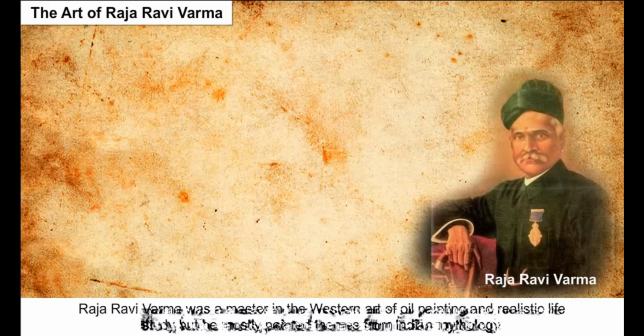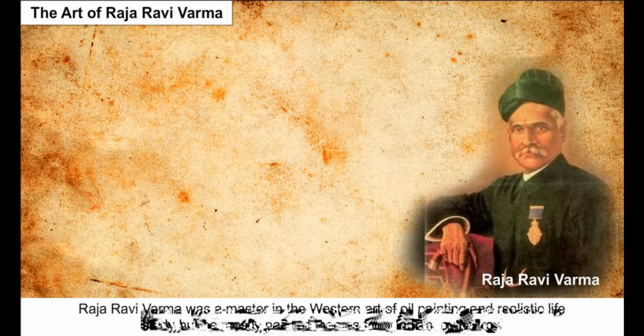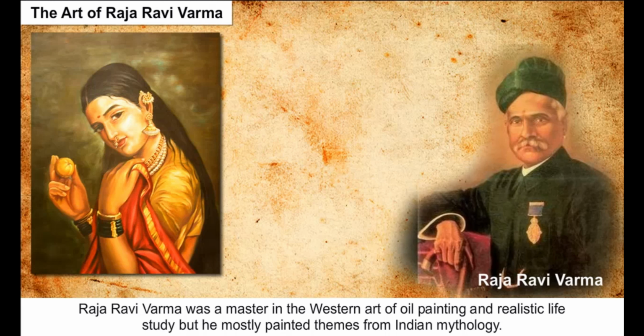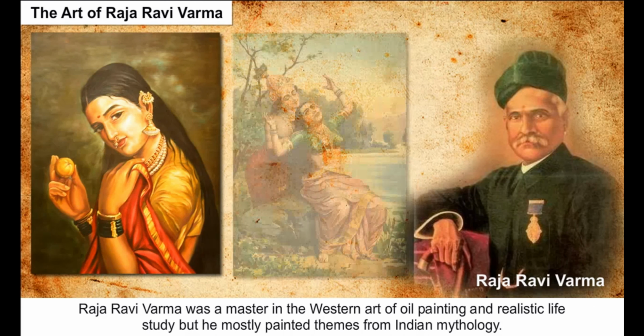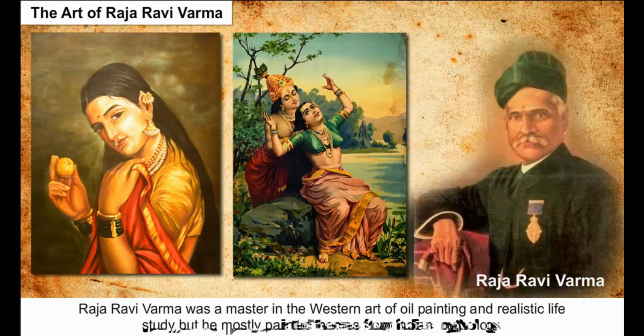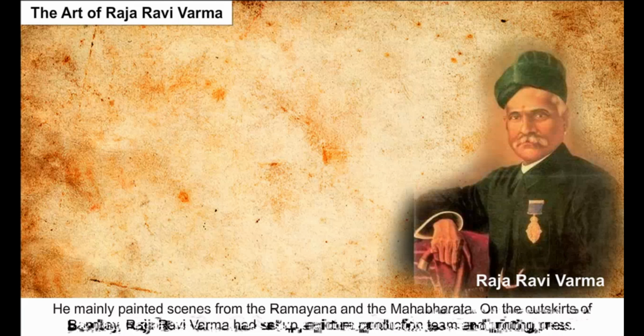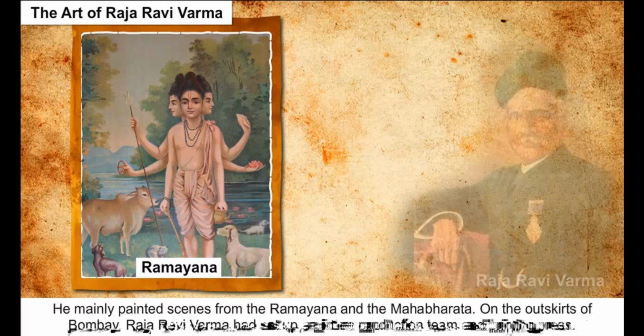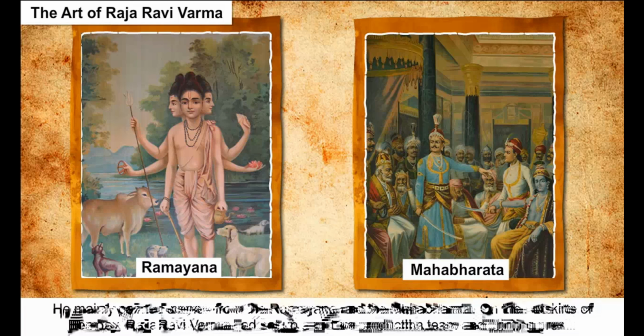Raja Ravi Varma was a master in the Western art of oil painting and realistic life study, but he mostly painted themes from Indian mythology. He mainly painted scenes from the Ramayana and the Mahabharata. On the outskirts of Bombay, he had set up a picture production team and printing press.